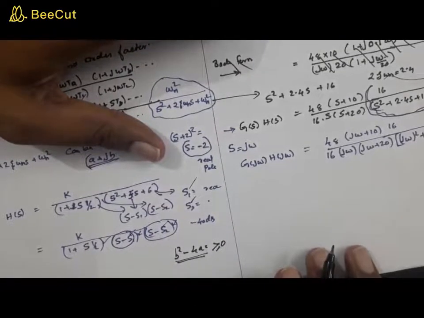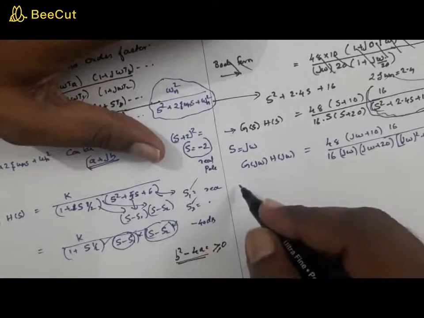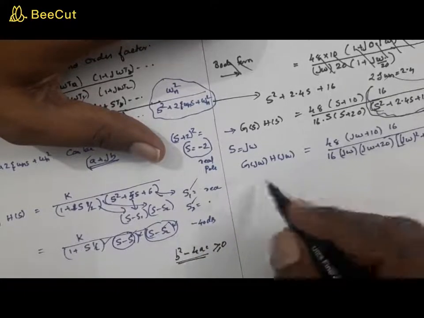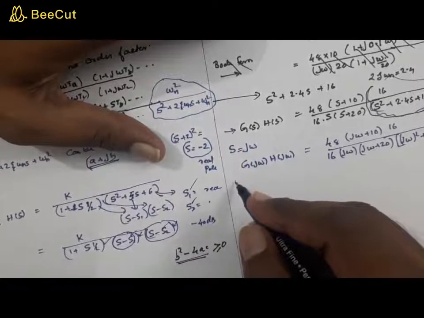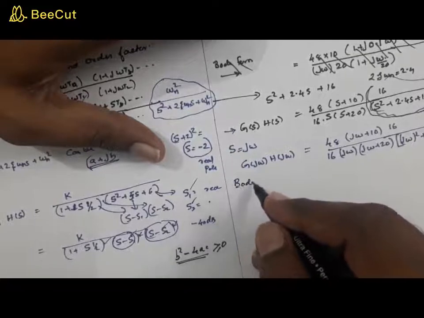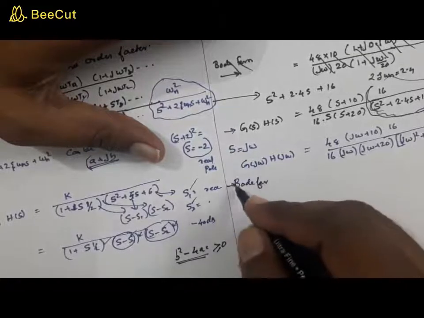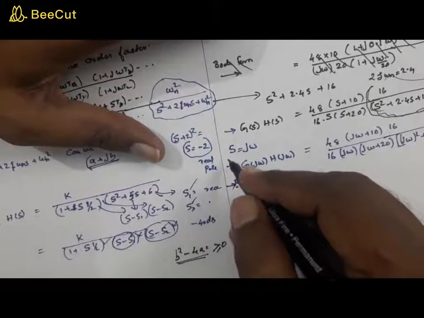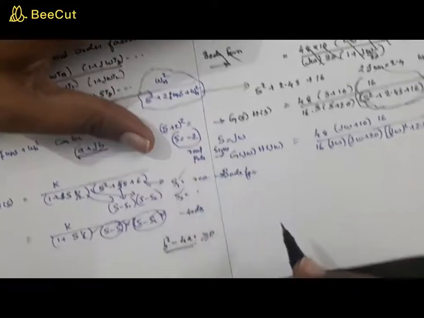Now you can convert this into Bode form. Bode form means it has to be of the form 1 plus. So converting this into Bode form, this is the sinusoidal transfer function.